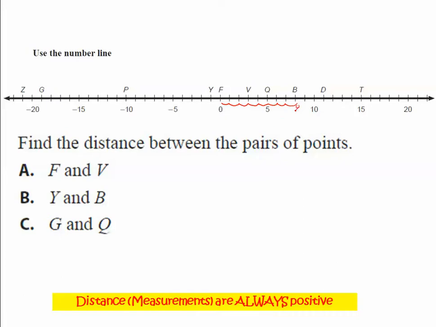So I know that B is 8. Oh, it wanted V, not B. Let me go back. You've got to read your question properly so you can give it the right answer. Alright, let's do this again. From F to V. So F is 1, 2, 3. So that's going to be 3 units.